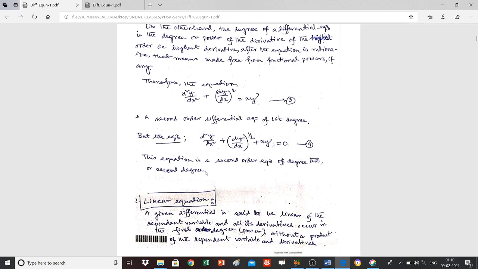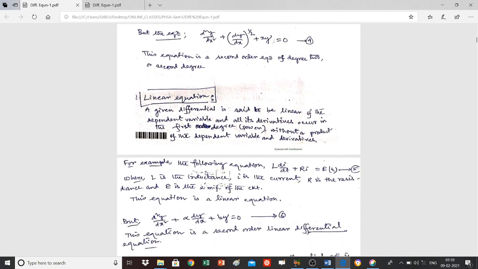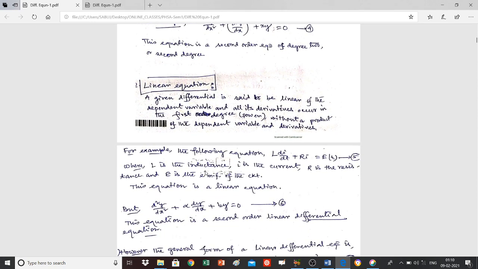Now come to another one, that is the linear equation. A given differential equation is said to be linear if the dependent variable and all its derivatives occur in the first degree, that is, their power is 1, without a product of the dependent variable and derivatives.